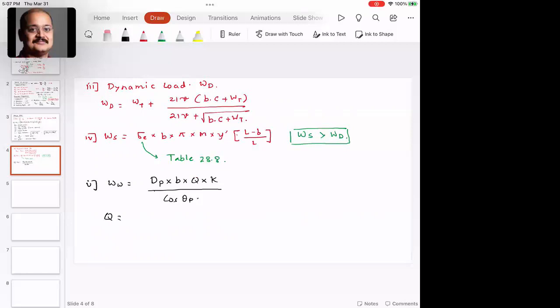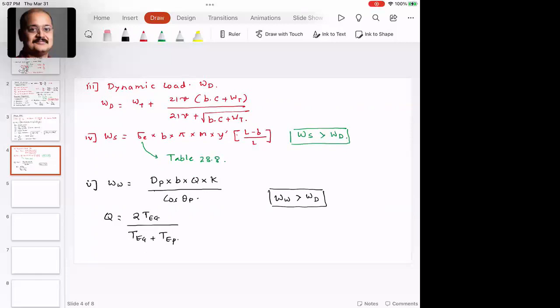Q is 2 TEG, this is very important. These are the equivalent number of teeth, divided by TEG plus TEP. And again, the condition is WW should be greater than WD.